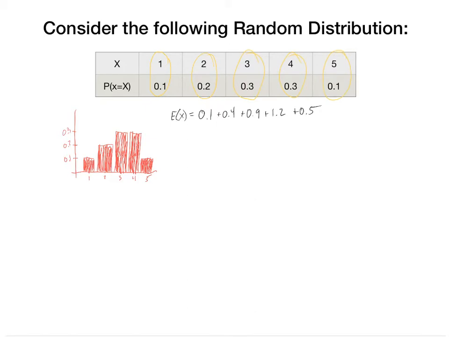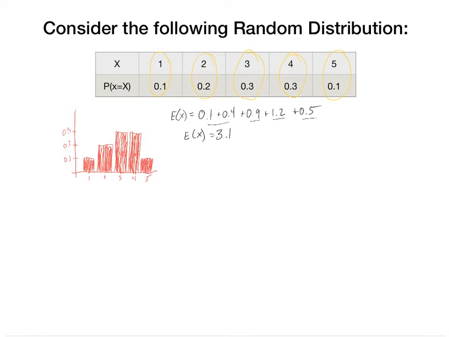Add all those together, and we get an expected value of 3.1. Awesome. So easy enough, right?